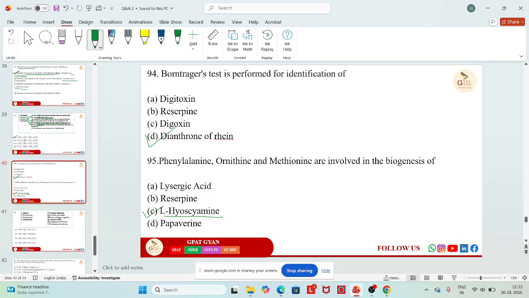Okay, from phenylalanine I am remembering one thing: phenylalanine, tyrosine, and tryptophan. We are getting them from which pathway? Shikimic acid pathway. Yes, from the shikimic acid pathway we are getting phenylalanine, tyrosine, and tryptophan. How many essential amino acids are there that our body cannot produce? 20.